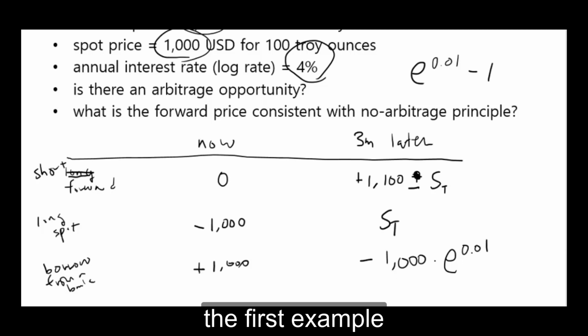And there is no risk because everything is known here. This unknown part will cancel out. And therefore, you know how much you will receive exactly, which is slightly less than $90. So there is no risk. And therefore, this is an arbitrage opportunity.